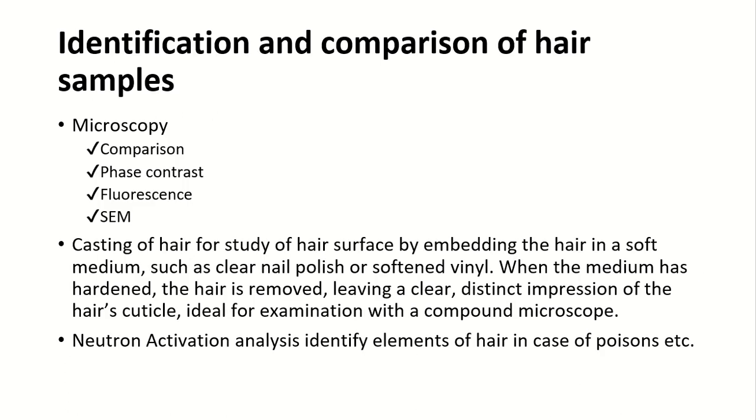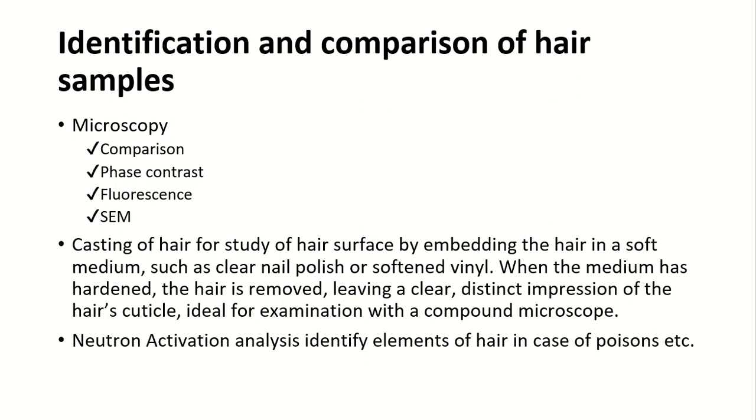Identification and comparison of hair samples is done using microscopy: comparison, phase contrast, fluorescence and SEM, that is scanning electron microscope. Casting of hair is done by embedding the hair in a soft medium, for example clear nail polish or softened vinyl.